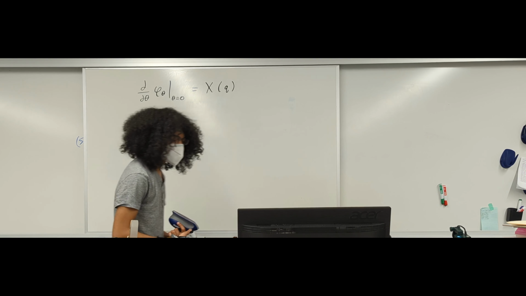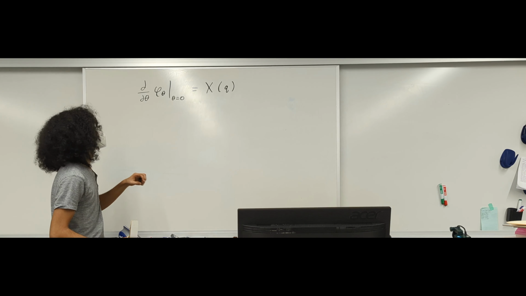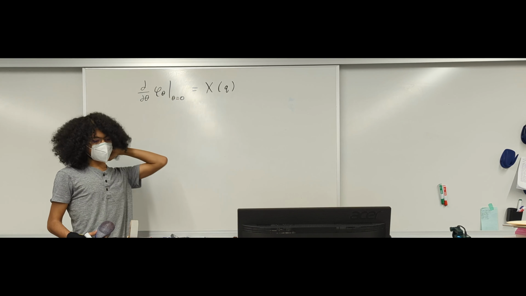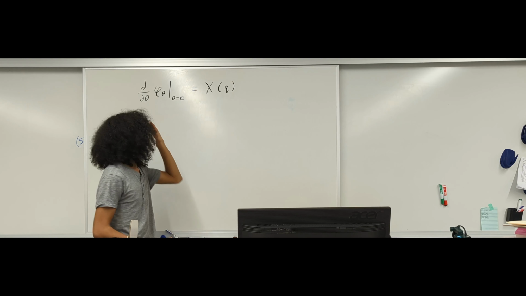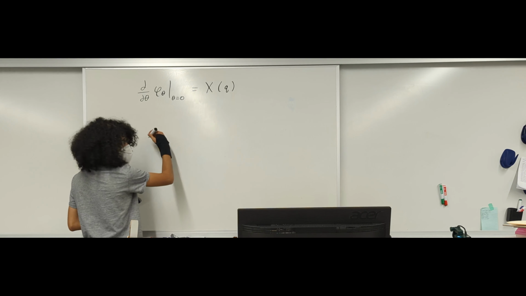Okay, and then we looked at the component functions of this. So this will map from one position to another, but that final position has a bunch of different components in terms of the degrees of freedom of the system.